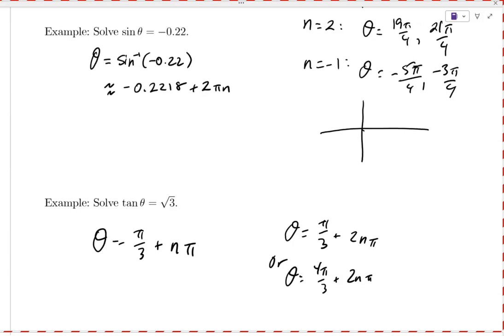We found this angle, right? We want this angle. Either that way, or you could do the negative. It doesn't matter. This way it's probably a little bit easier to see what it's supposed to be.